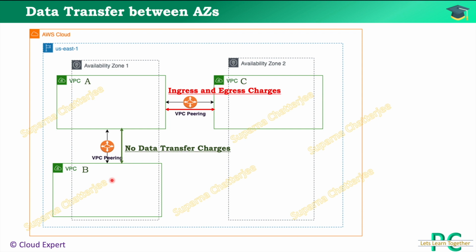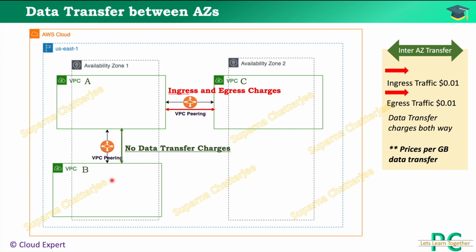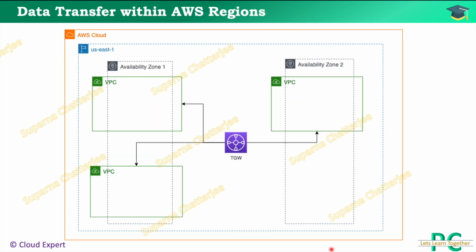That is why you are paying both ingress and egress charges. For this use case also, you are paying 1 cent per GB of data you are transferring for both egress and ingress data transfer. Let's understand some use cases where we need data transfer within an AWS region.